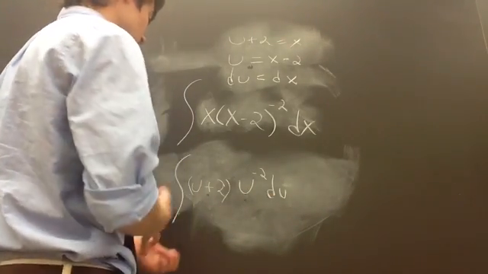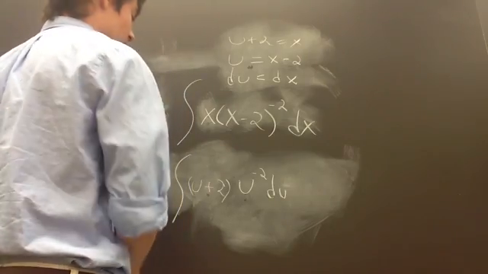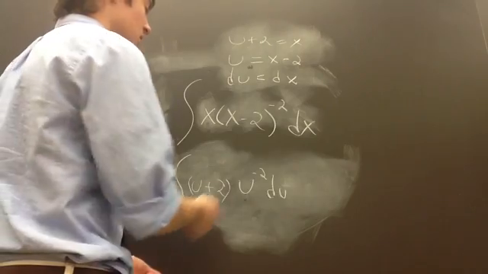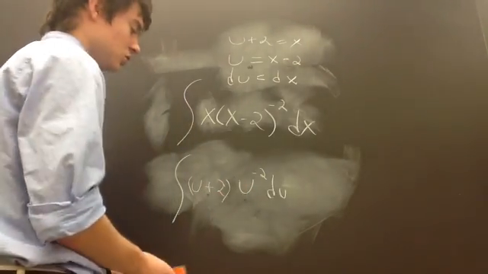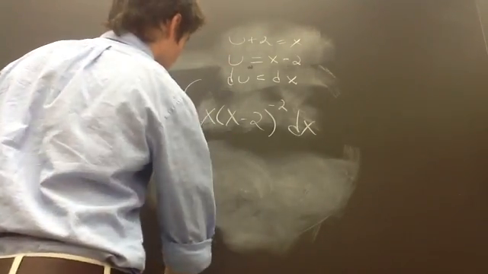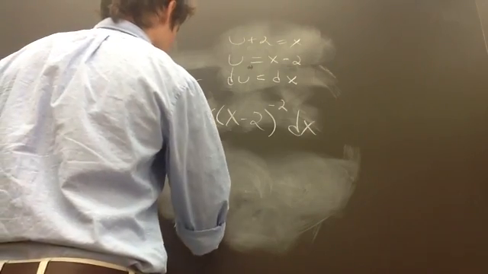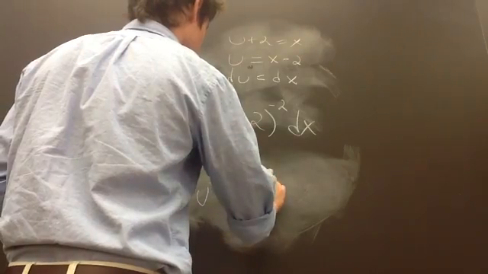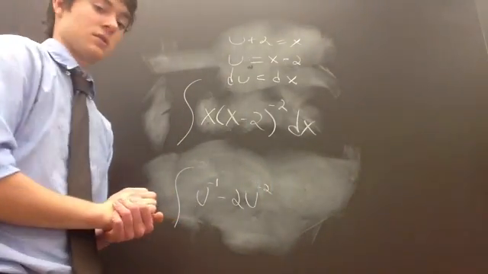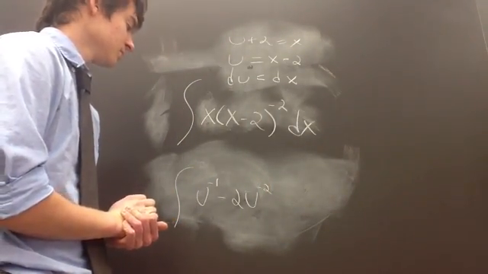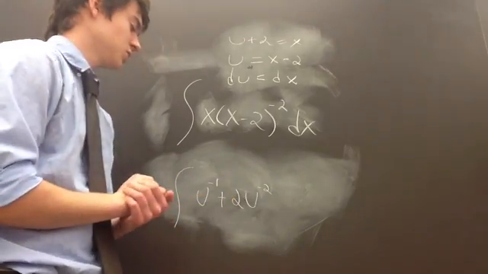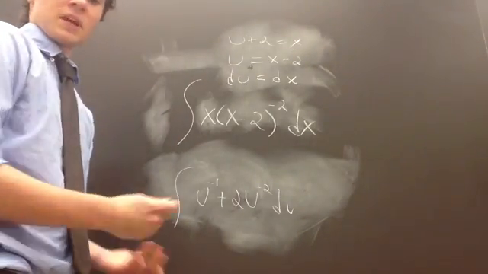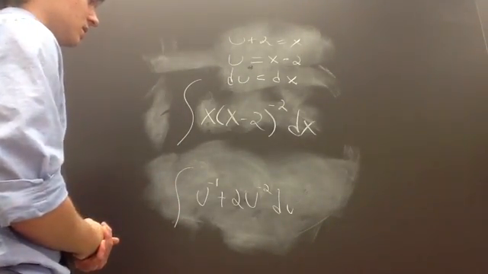This whole integral is equal to u to the minus 2 times u is u to the minus 1, and u to the minus 2 times 2 is 2u to the minus 2. So this whole integral is equal to u to the minus 1 minus 2u to the minus 2. Oh, I apologize. Plus 2u to the minus 2 du.